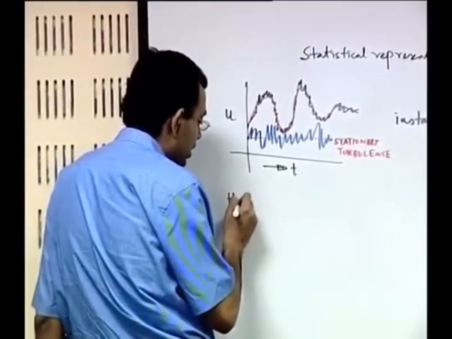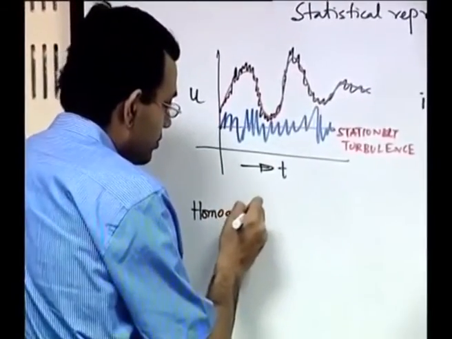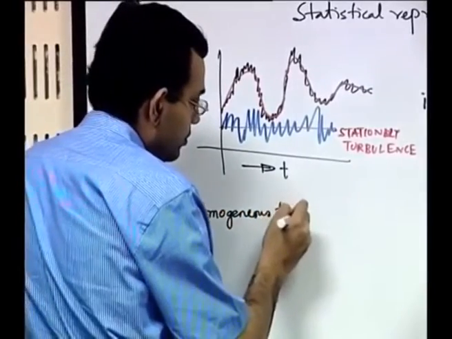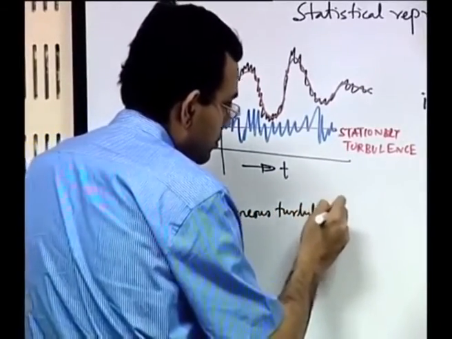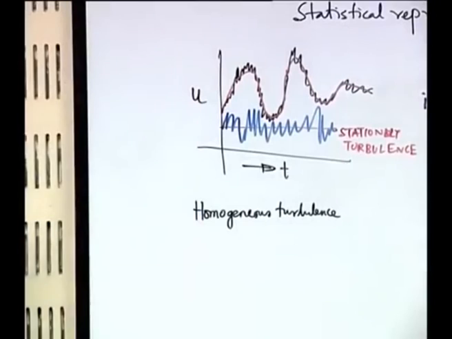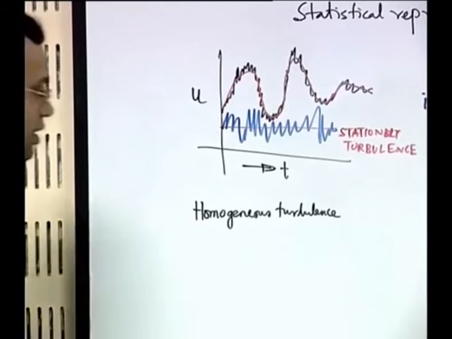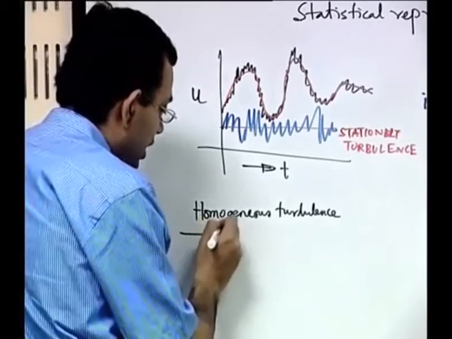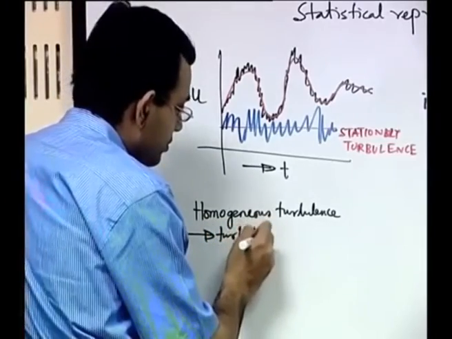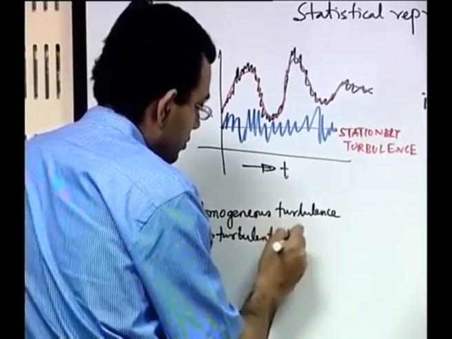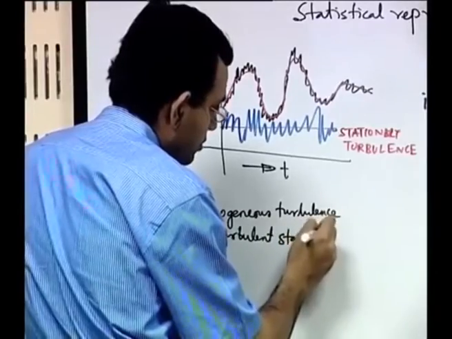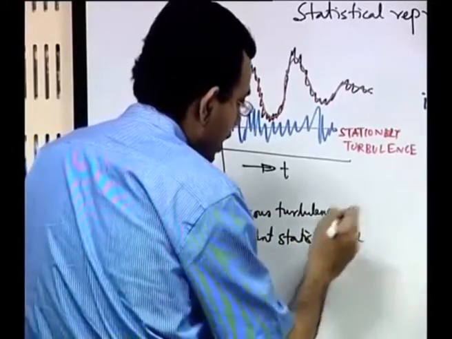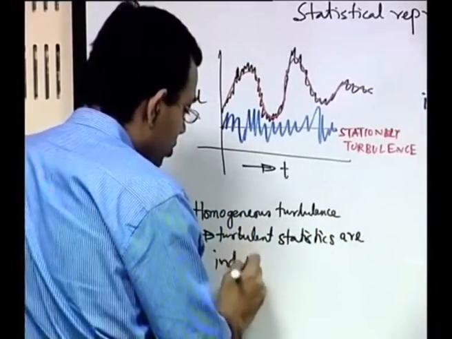One is called a homogeneous turbulence. So, what is a homogeneous turbulence? The turbulent statistics are independent of coordinate translation.